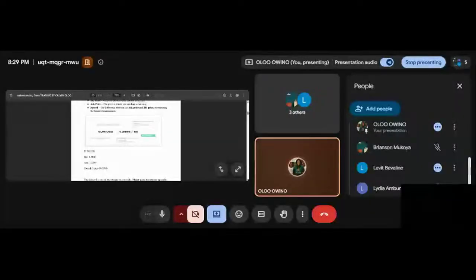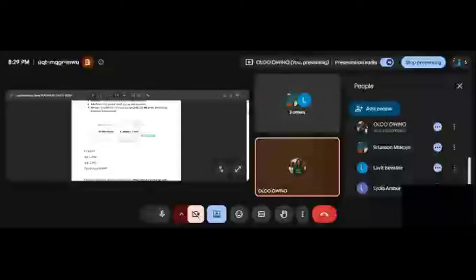If our bid is 1.2880 and our ask is 1.2885, what will be our spread? I'm supposed to minus, isn't it? Yeah, you're supposed to subtract. You'll be subtracting the bid from the ask.